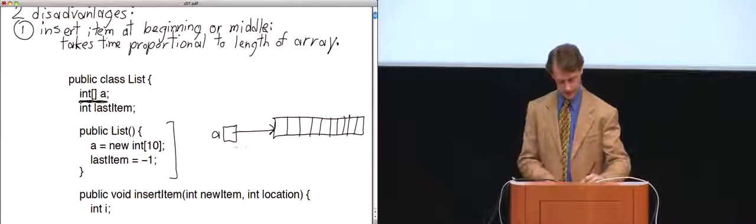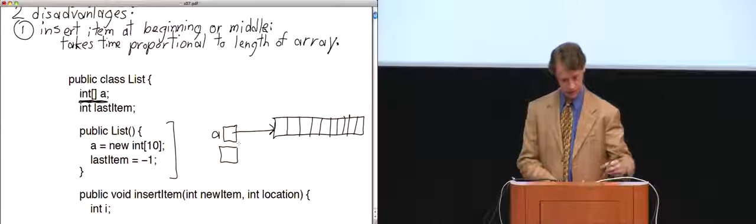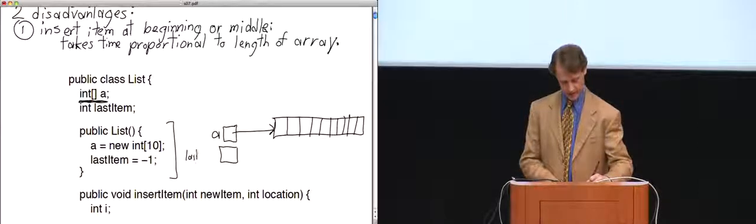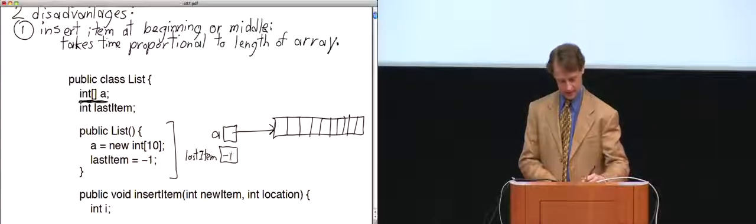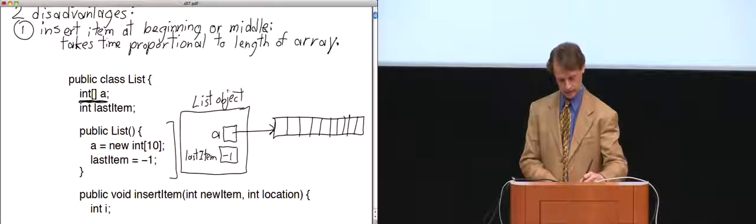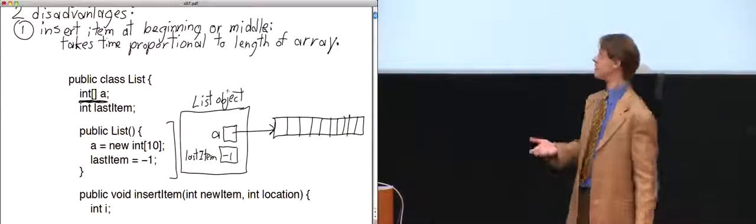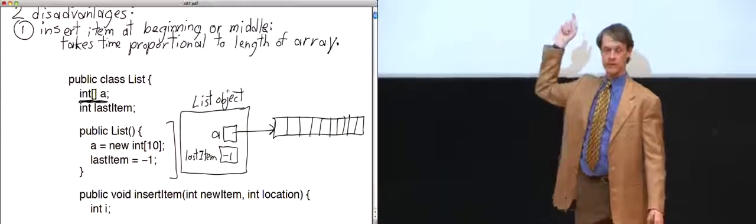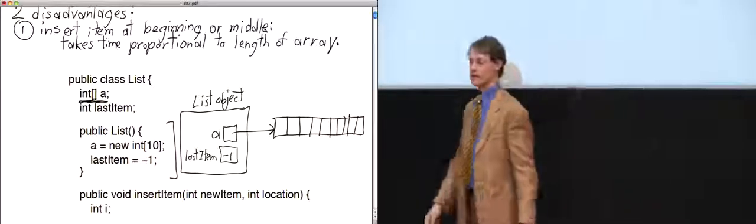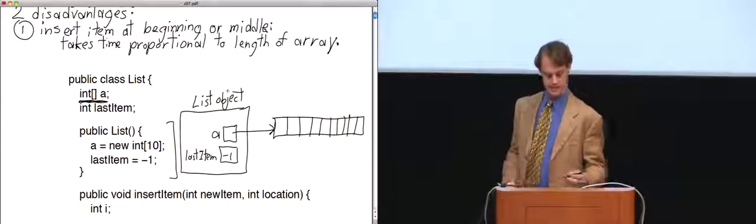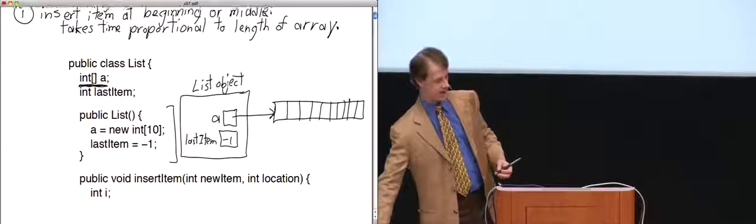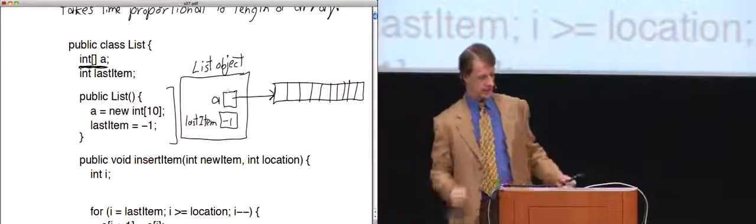And the list object also has a field called last item, which is initially set to -1 when you construct an empty list. But the idea here is that when we start adding items into the list from left to right, then last item is going to tell us what is the last valid item that we're actually using.